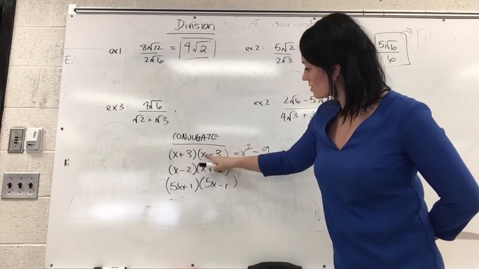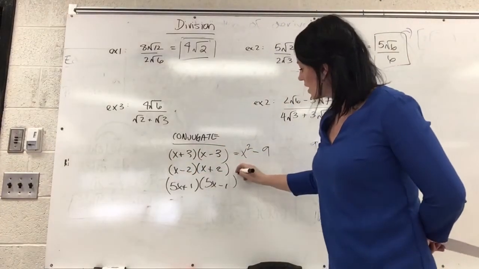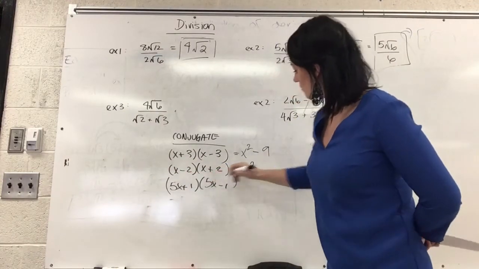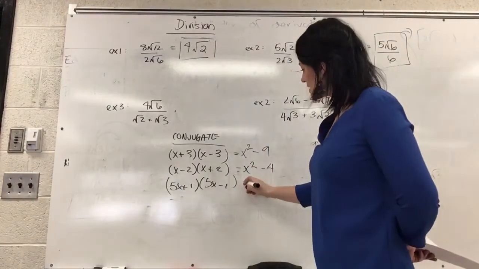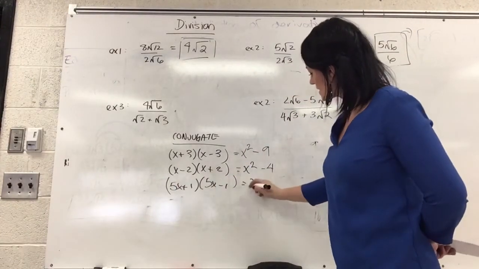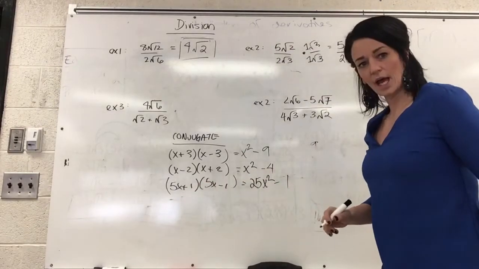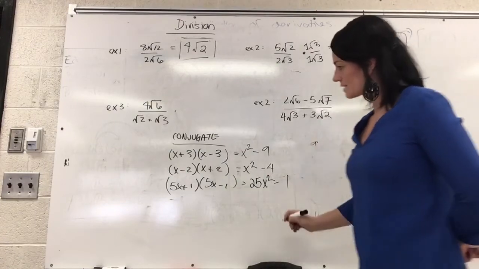So it's these two terms multiplied together and these two terms multiplied together. And the same thing here, because those middle terms are always going to cancel. Same thing here. Okay? So we're going to use the fact about conjugates to help us get rid of a radical.